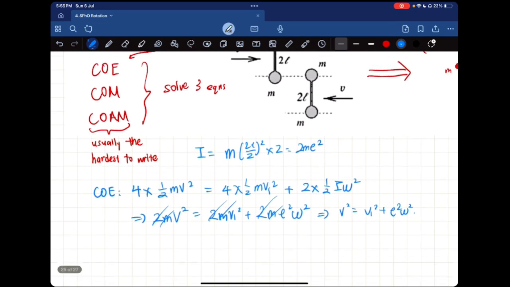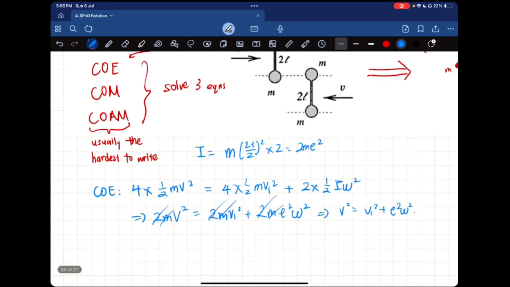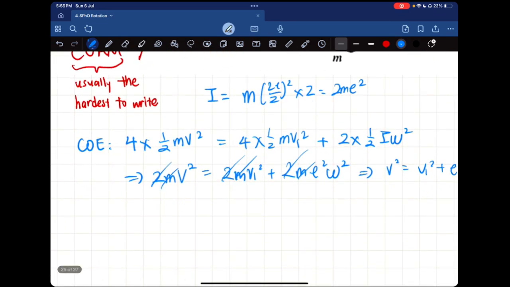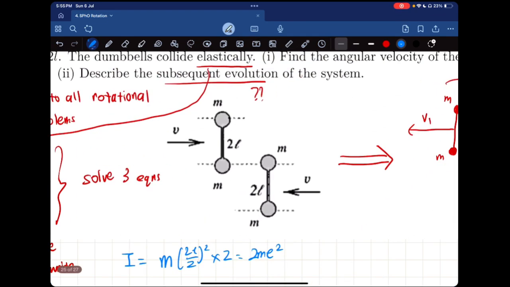Now we need to write COAM. So what can we write from COAM in this case? How do we apply COAM? For here, the easiest way to apply it is about this axis.